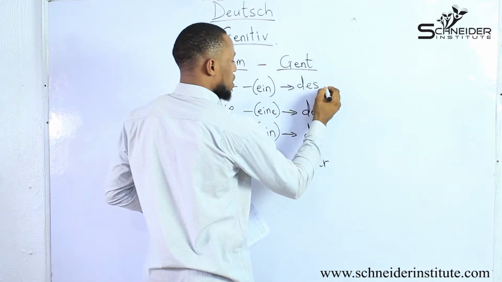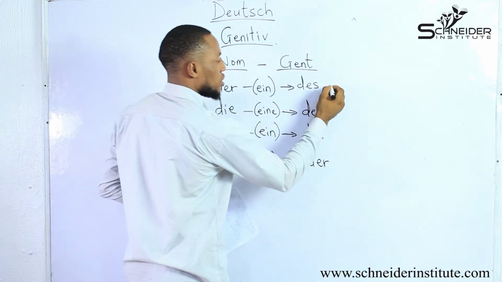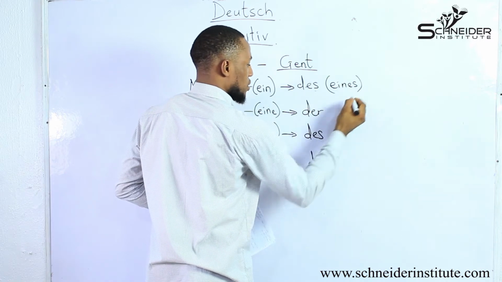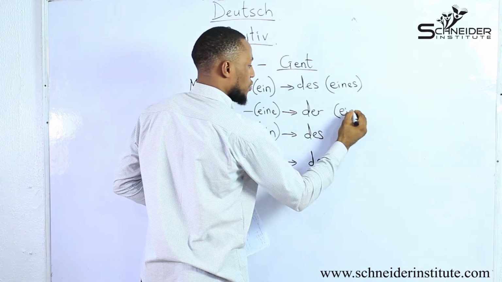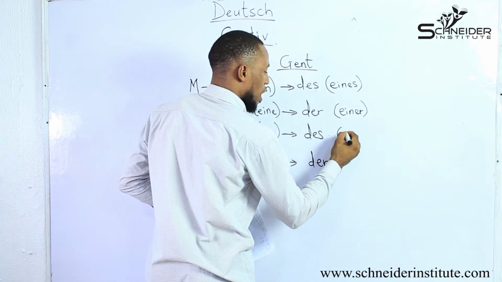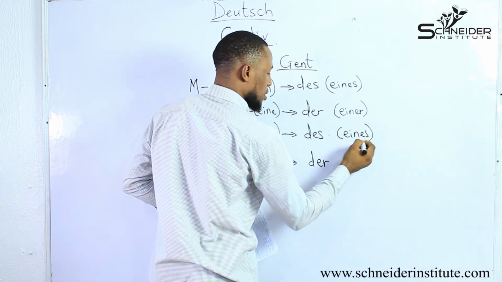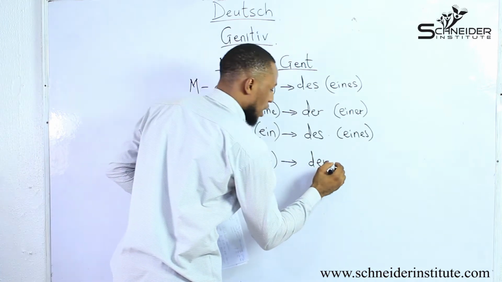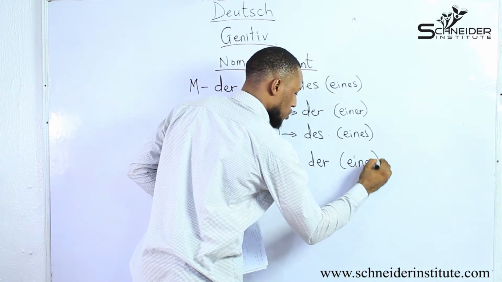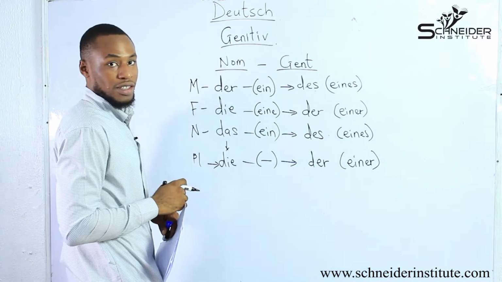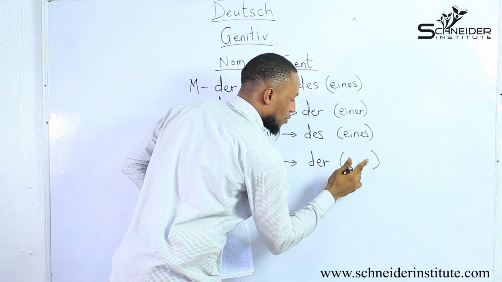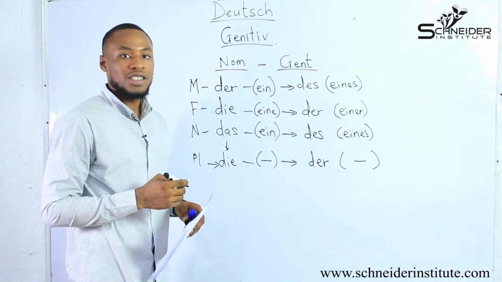Here we have eines, here we're going to have einer, here we'll have eines just like the masculine, and down here we'll have einer, right? No, we don't. Recall I told you that the plural form doesn't have an indefinite article.